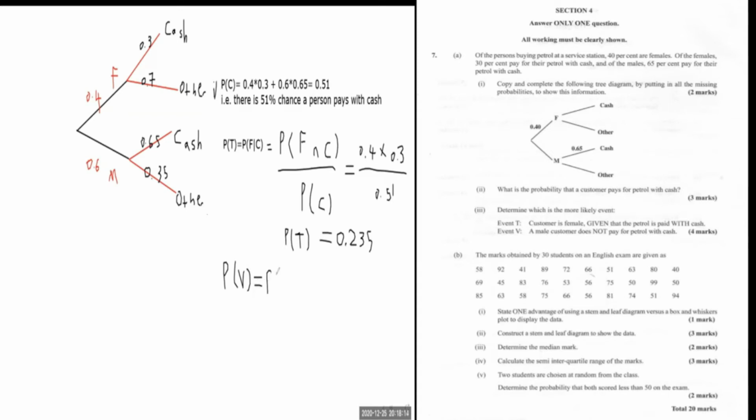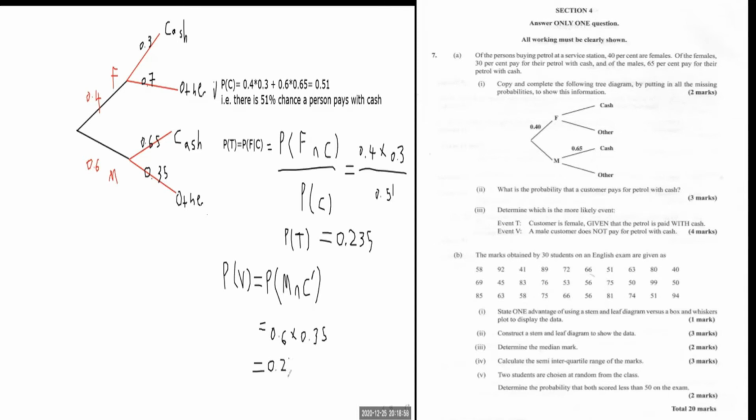So the probability of being a male customer and don't pay with cash, we said cash is C, so the probability of M intersect C' is 0.6 times 0.35. What is 0.6 times 0.35? It is 0.21.